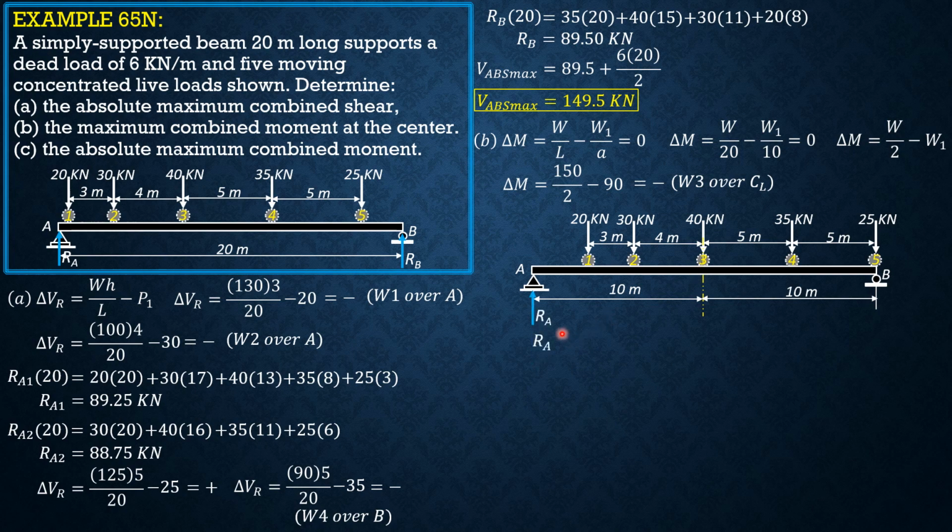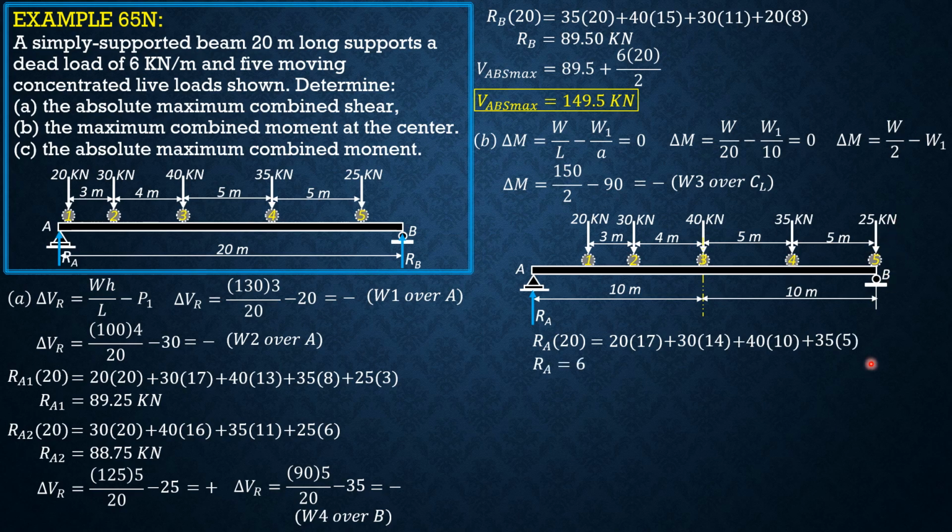So let's solve for RA. RA times 20, summation of moment about B equals 0. RA times 20 equals 20 times 17, 7 plus 10 is 17, plus 30 times 14, plus 40 times 10, plus 35 times 5.